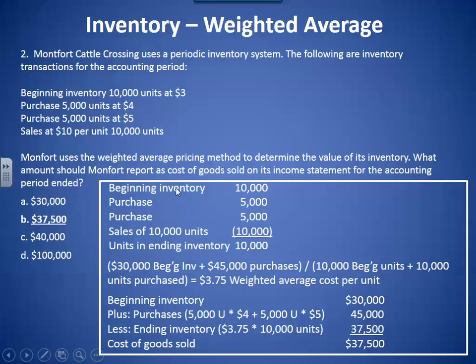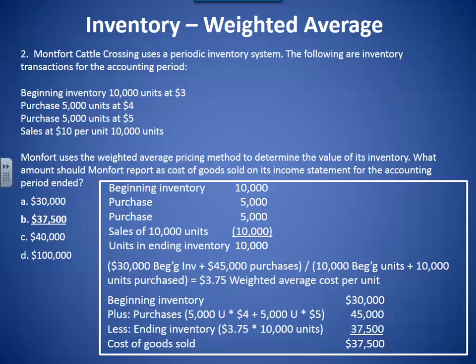At the top, we also have a reconciliation of the units in inventory. So let's take a look at the process. We're told that we have a beginning inventory of 10,000 units at $3 each. So we know our beginning inventory value is going to be $30,000, and we insert that right down here as beginning inventory, $30,000. We also post up here to this little unit calculation, we had a beginning inventory of 10,000.